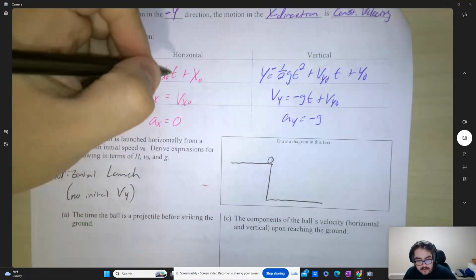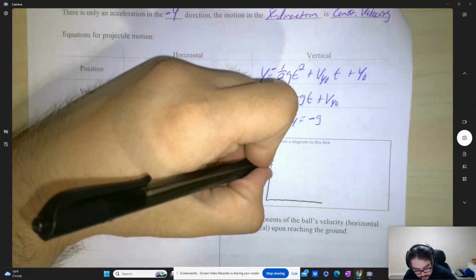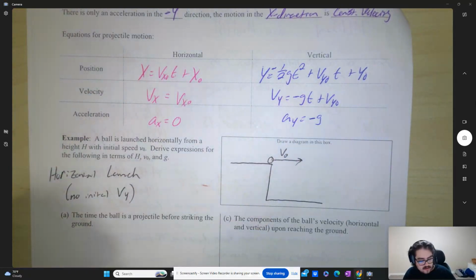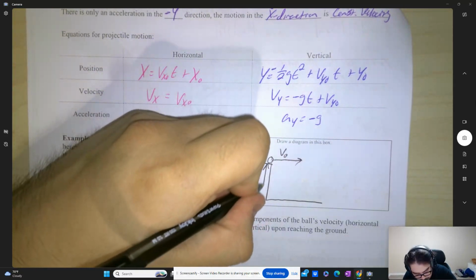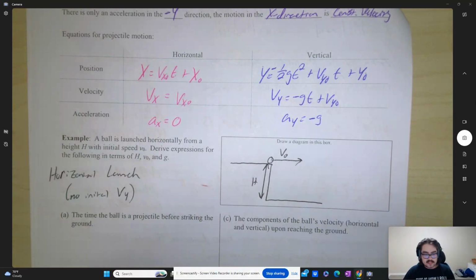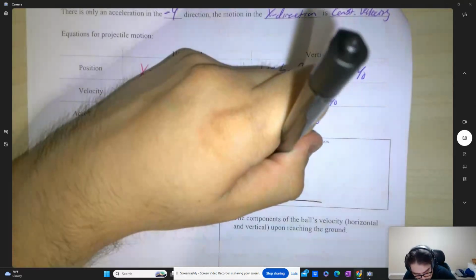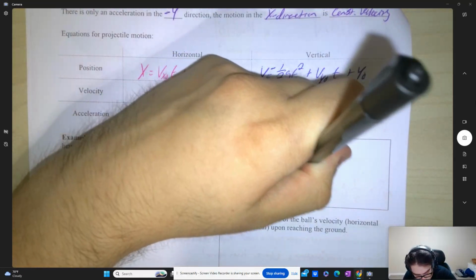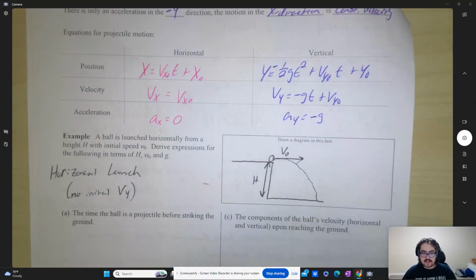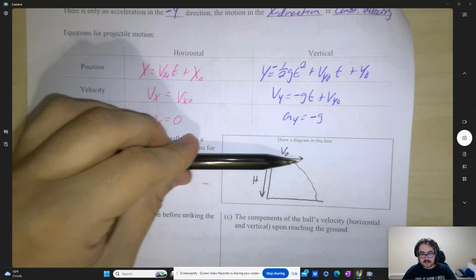We're going to shoot it horizontally. There's our v naught, and we're doing it from a height h. The ball is going to take this parabolic trajectory down.